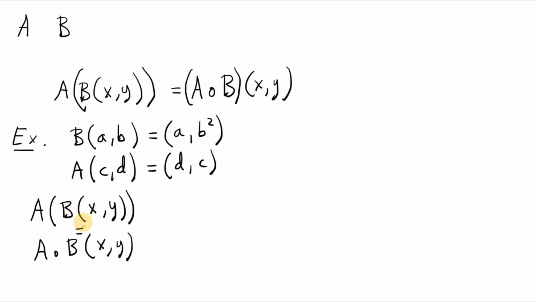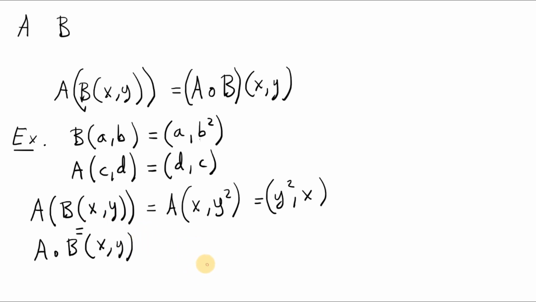This just means the same thing as that per definition. So first we take B, which squares the second one. So it takes (x, y squared). And then we take A, which switches the places of the two. So we get (y squared, x). So the combination of these two mappings does this.